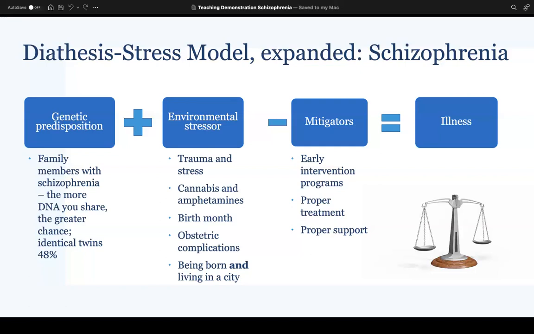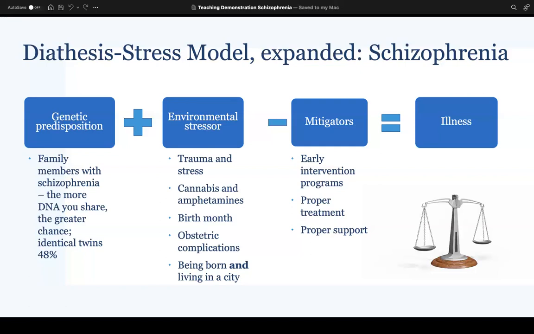And specifically with regard to schizophrenia, the mitigators are early intervention programs, proper treatment, and proper support. So what does that mean? Early intervention programs that address folks who are experiencing symptoms that suggest that they might be developing schizophrenia are very effective.